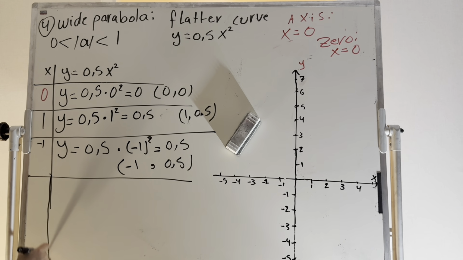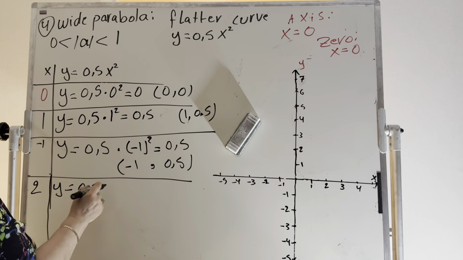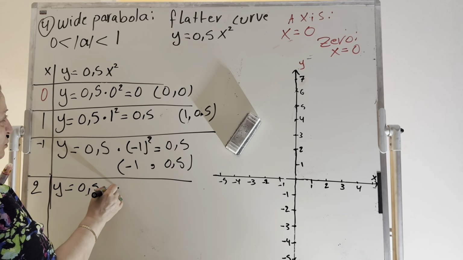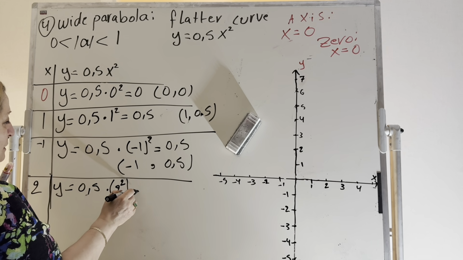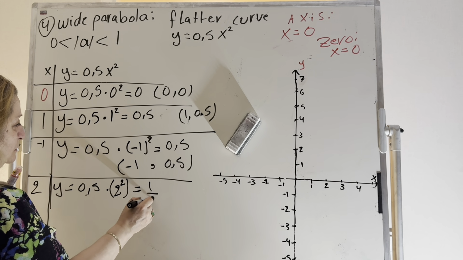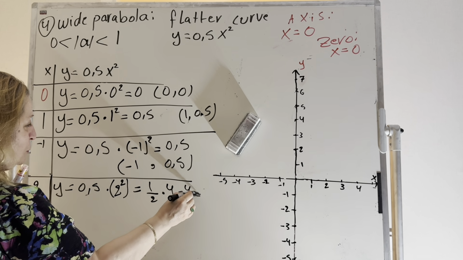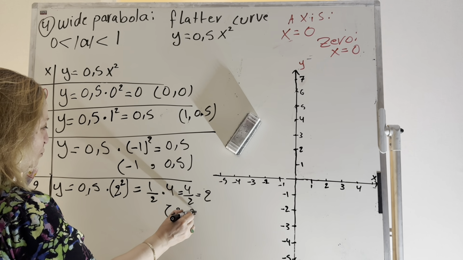When x equals 2, y equals 0.5 by 2 power 2, and equals 2. So when x equals 2, y equals 2.